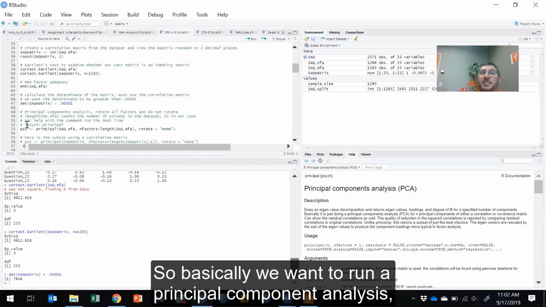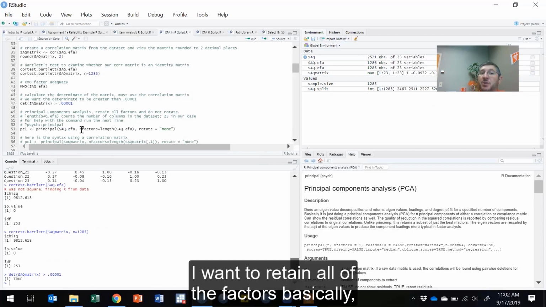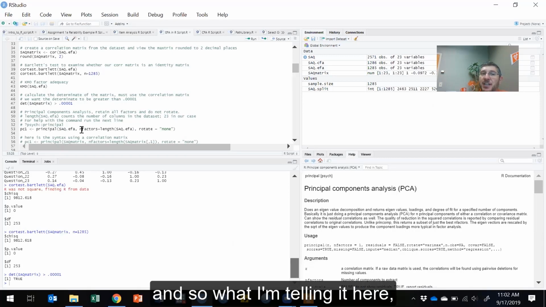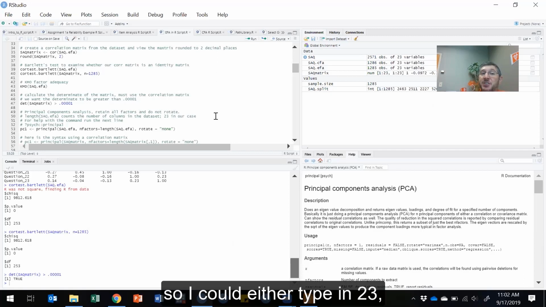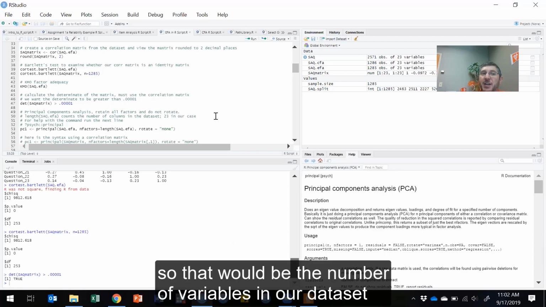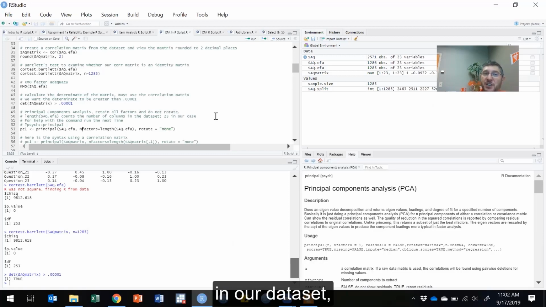Basically, we want to run a principal component analysis. Our data set is our SAQ EFA. I want to retain all of the factors, and this argument is the number of factors you want to retain. I could either type in 23, the number of variables in our data set, or I can have R count the number of variables in our data set.